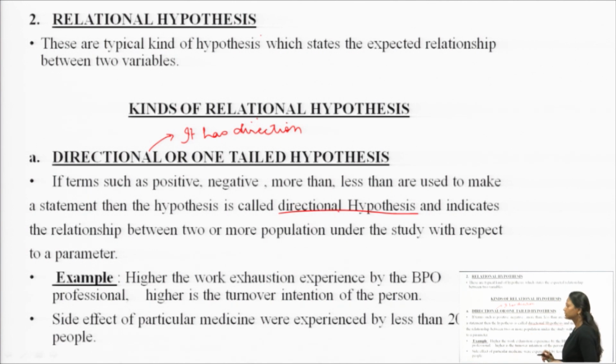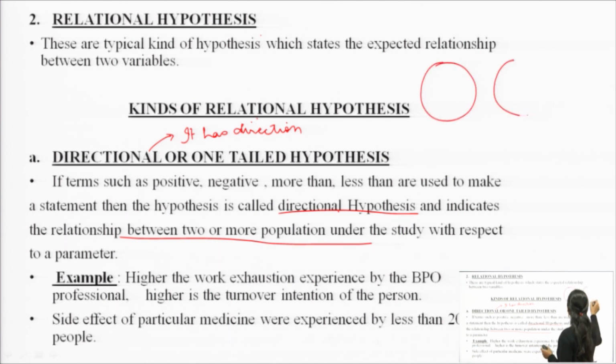This directional hypothesis tells you about the relationship between two or more populations under study. For example, taking the same example of smoking, if there are two populations, this is population 1, this is population 2, these are smokers and these are non-smokers.